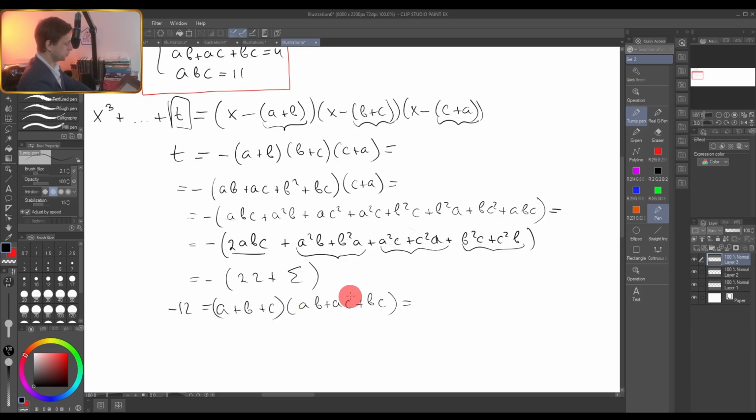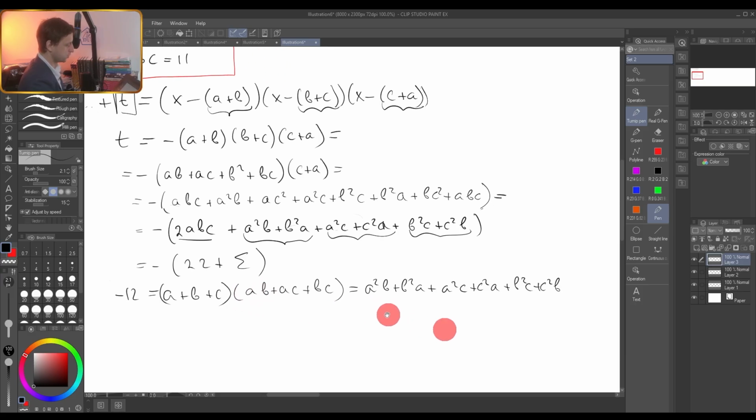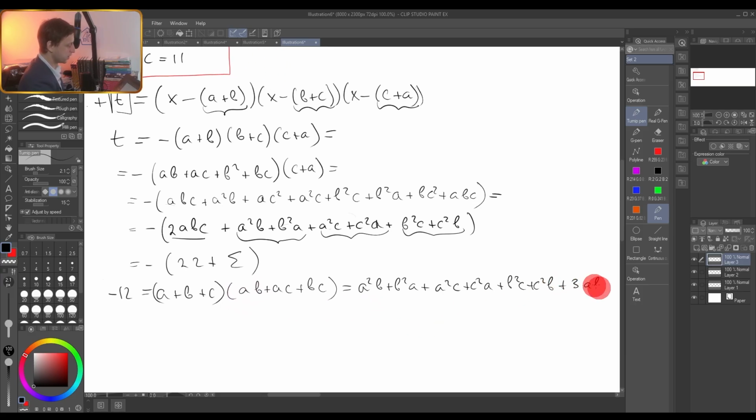Obviously here, when you multiply all of that, you will have all these terms: a squared b plus b squared a plus a squared c plus c squared a plus b squared c plus c squared b. And besides these terms, what else will you have? Well, you will have only the terms that look like abc. For example, a times bc is one abc, b times ac is another abc, c times ab is another abc. So eventually you will have here plus 3abc.